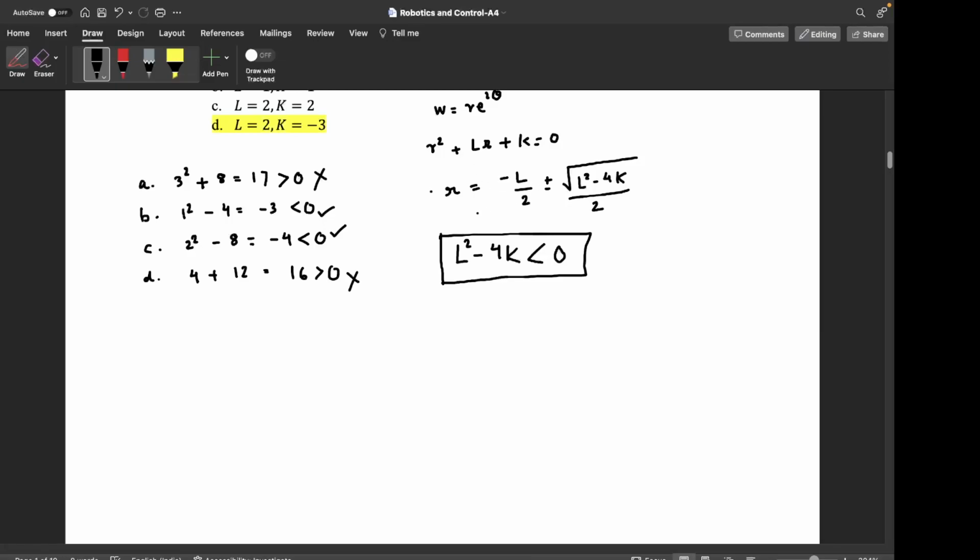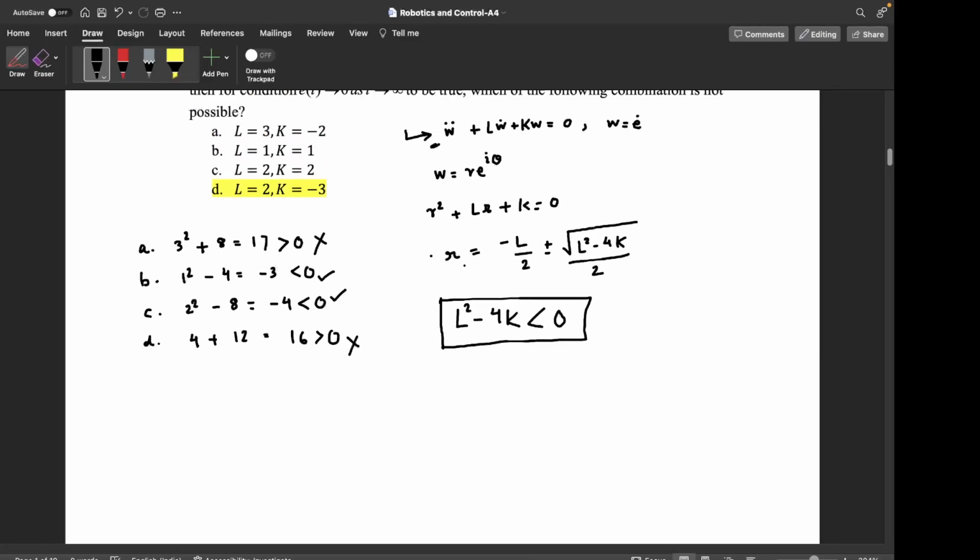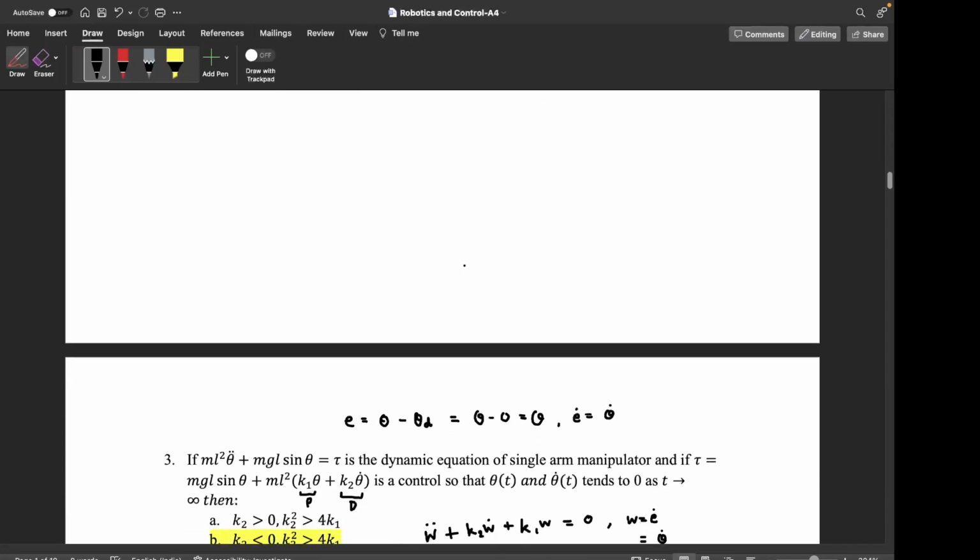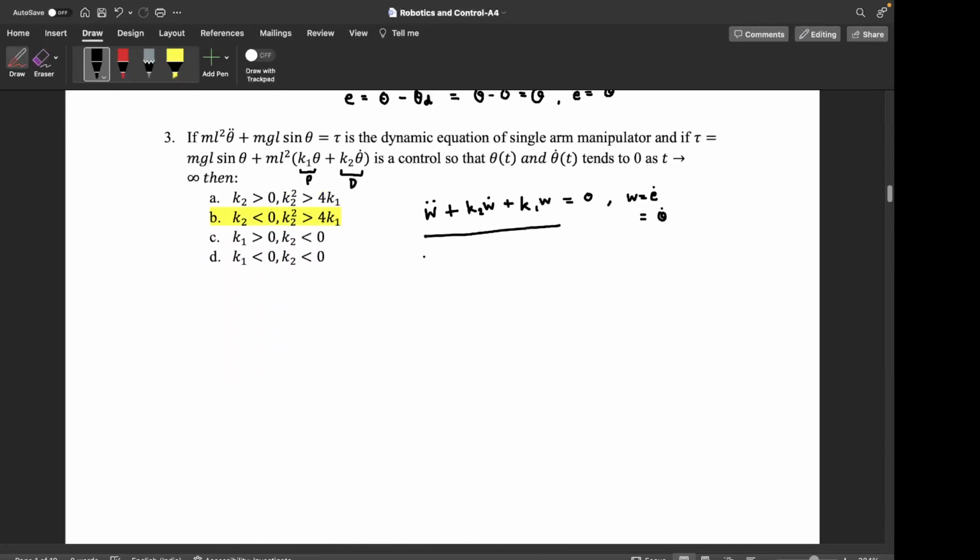This type of solution would be there. And again, if we write the equation in terms of r, if we substitute w as r e to the power I theta, then it will be r square plus k2 r plus k1 is equal to 0.